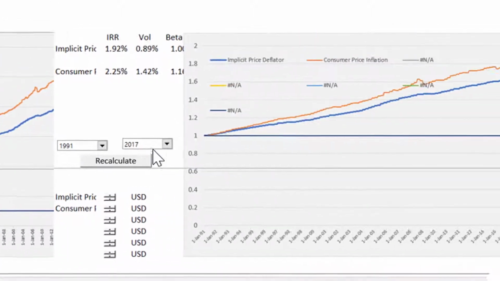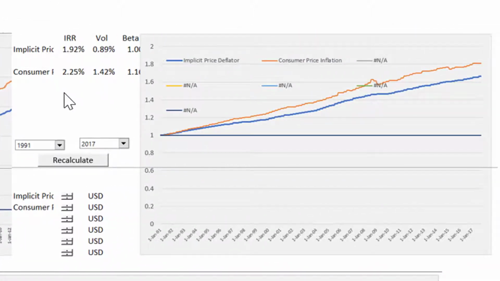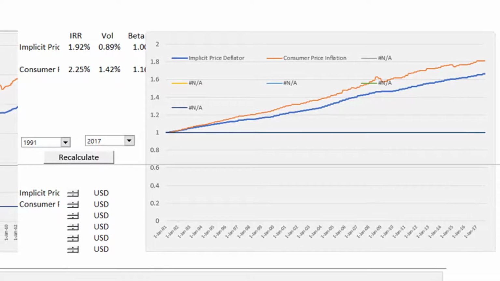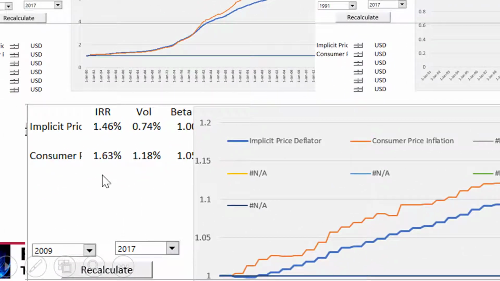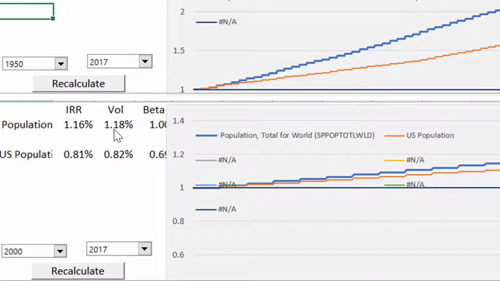I start in 91 to 2007. You can see the inflation was 2%. Here, since 2009, it has been 1.63%, or 1.46% if you use the deflator. Not much inflation. Okay, we'll talk about that more in the cost of capital.